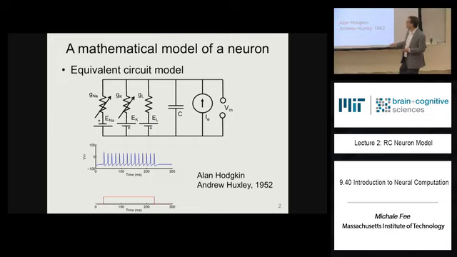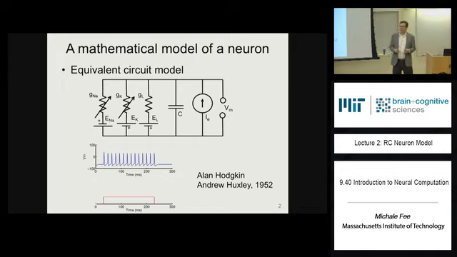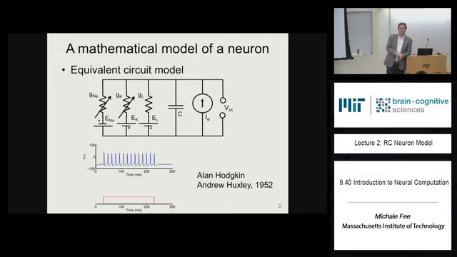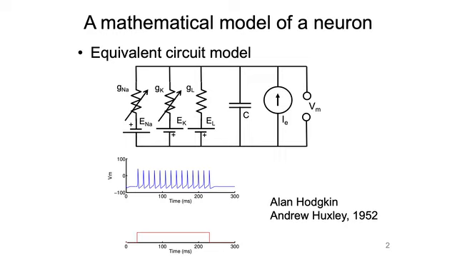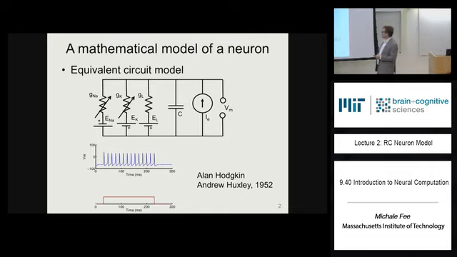And so they studied the squid giant axon, which is actually a very cool preparation because the axon is about 1 millimeter across, and so you can stick wires inside of it. They did a bunch of very cool experiments to figure out how these different ionic conductances and how these different components of the circuit work together to make an action potential.